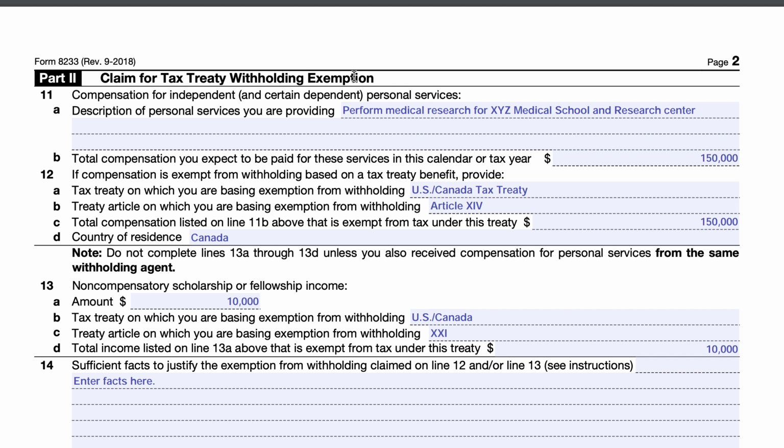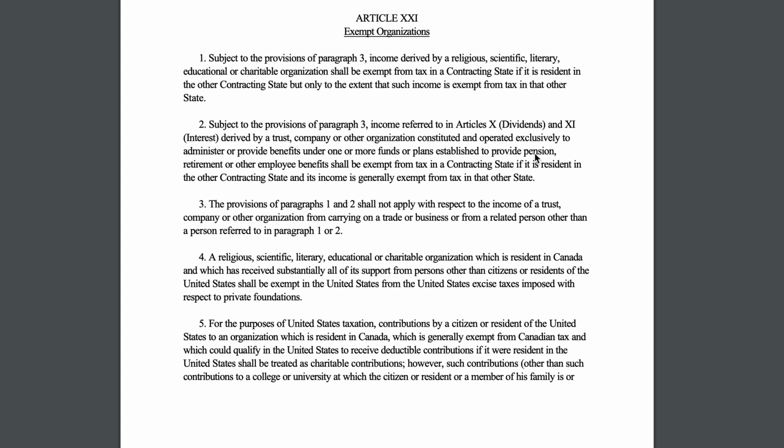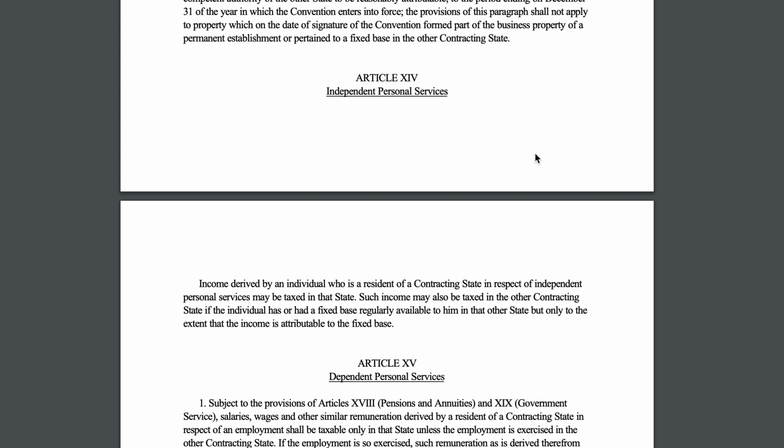So in line 11, line 11A, we're going to put a description of personal services. So in this case, Dr. Doe is performing medical research for blankety blank medical school and research center. He expects to be paid $150,000 that he believes is completely exempt from U.S. tax based on the U.S.-Canada tax treaty under Article 14 that talks specifically about independent personal services.